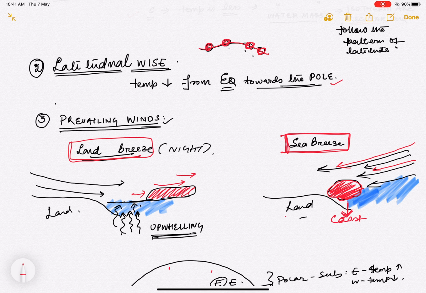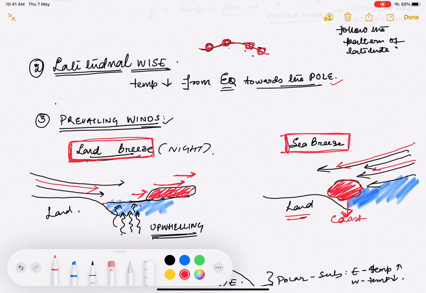Similarly, during the time of the land breeze, what is your land breeze? Land breeze happens during the night time when the lands are cooler than the ocean water body. So during the time of the land breeze, this wind actually pushes away this warm water. As a result, there is an upwelling that takes place.